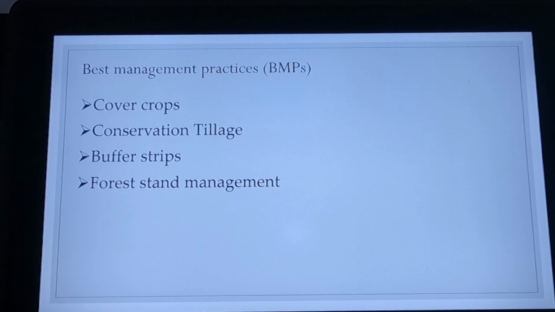Conservation tillage is a big thing. Putting the buffer strips up to minimize soil erosion. This will be kind of like at the end of the module. And then moving into soil and water conservation, which I'm teaching this semester. And then forest stand management, because everything happens from the top down.